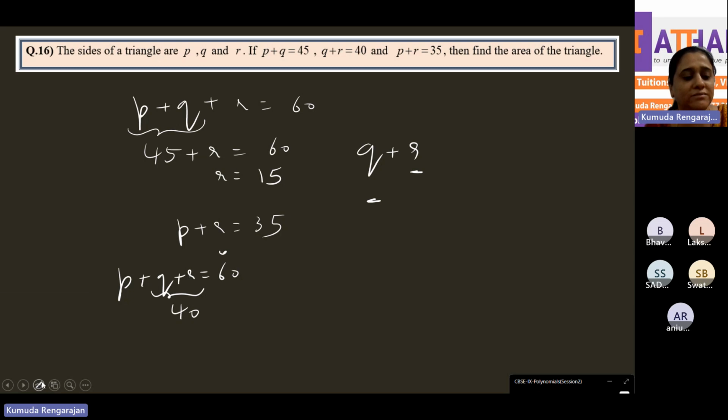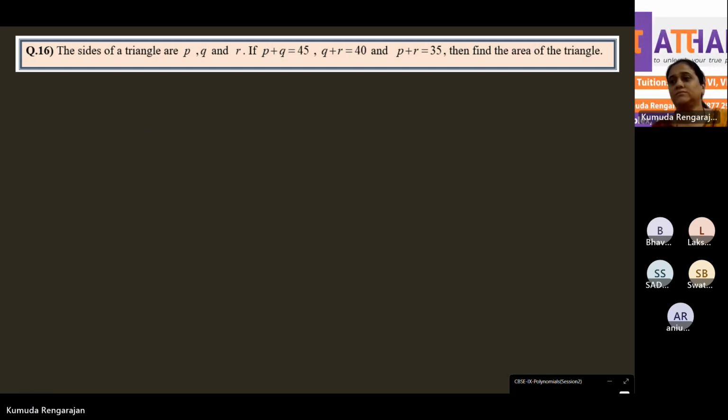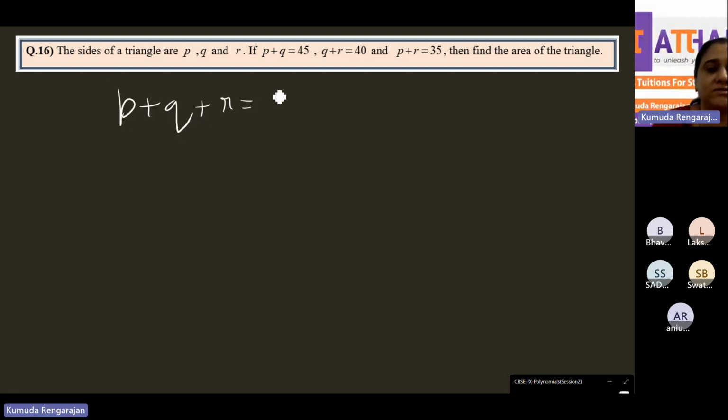Now, if you find P, Q and R, P plus Q plus R is equal to 60. Substitute.